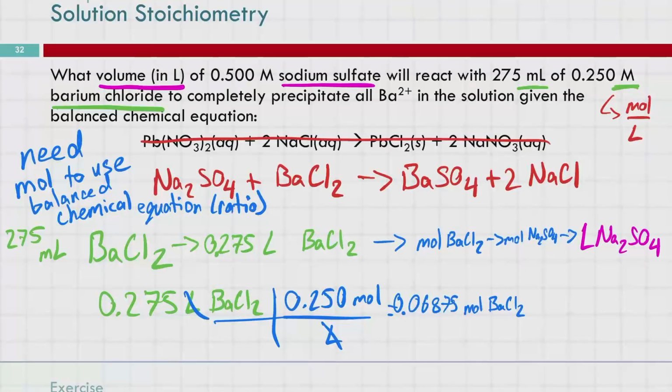Why is it 1 to 2? Sorry, it's 1 to 1. It's 1 to 1. So if we look at our balanced chemical equation, we've got nothing in front of either, so it's a 1 to 1 ratio.